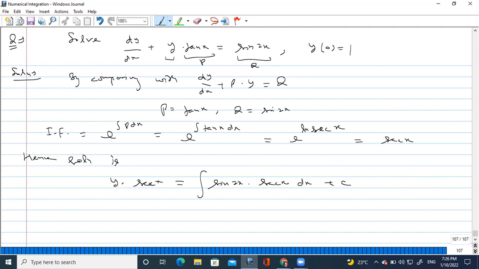This sine 2x you can write 2 sine x cos x, and cos x into sec x will become 1. So it will remain only 2 integral sin x dx plus c. Okay, note down this.